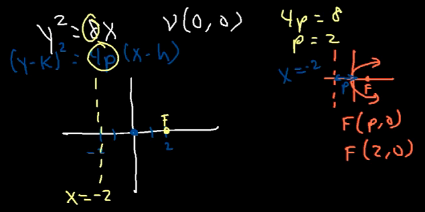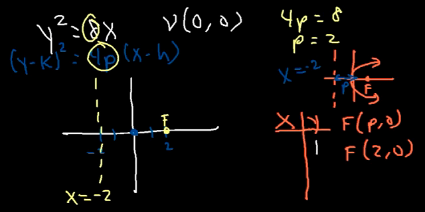We could make a table if you want. Should we plug in values for x or for y? Which one is easier? If you have y squared, it's easier if you plug in values for y rather than x.